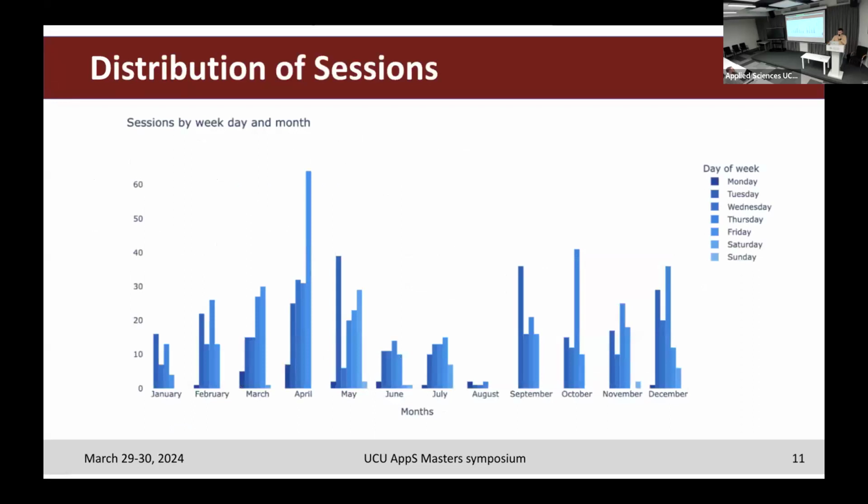Now let's go into the distribution of sessions. Let's imagine that for some short period of time we skip the processing part, and currently we want to understand what the distribution of the data and of the sessions really is. Here we can see that in the summer period we have a decrease of sessions.